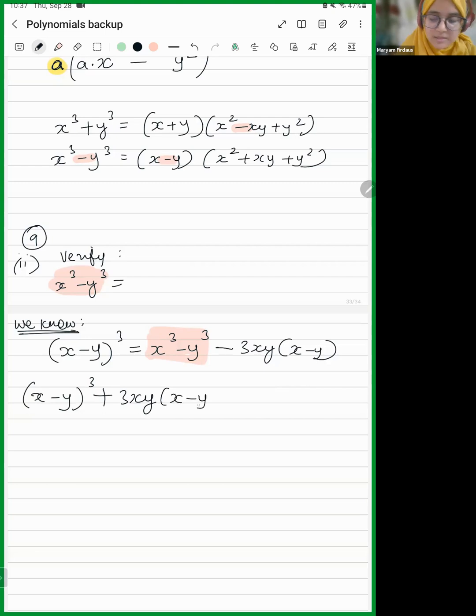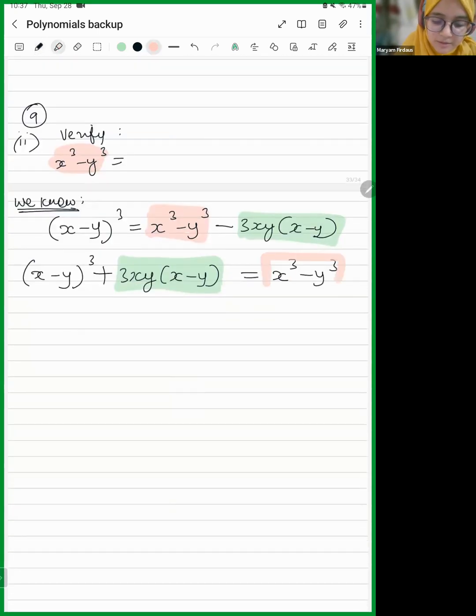X minus y as it is. So this term we are taking to the other side. The term will remain as it is, only the minus 3xy will become plus 3xy, is equal to x cube minus y cube.